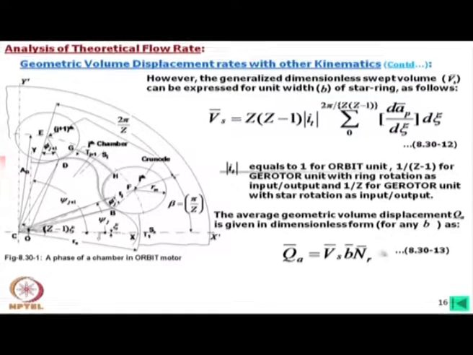So once we calculate this, we simply multiply with the width factor, because this is for unit width. So we have to multiply here with B and then the rotational speed.